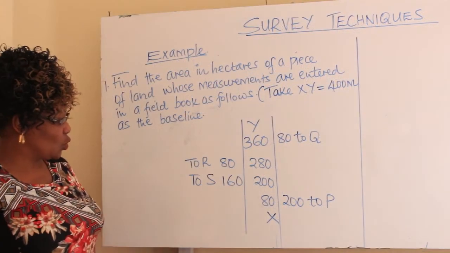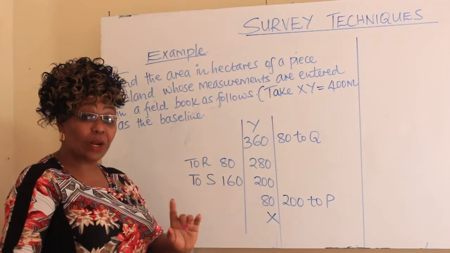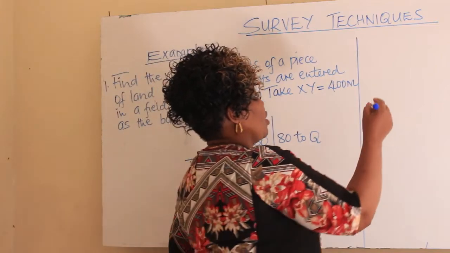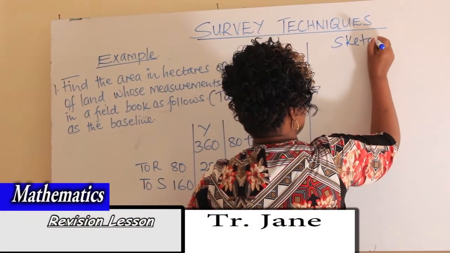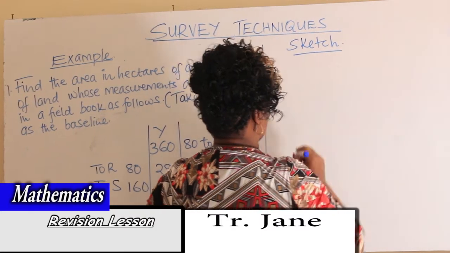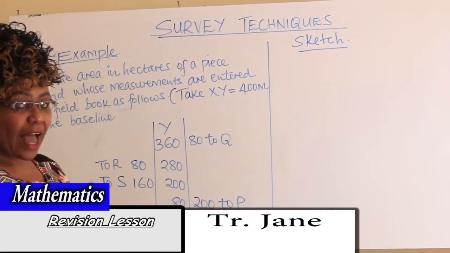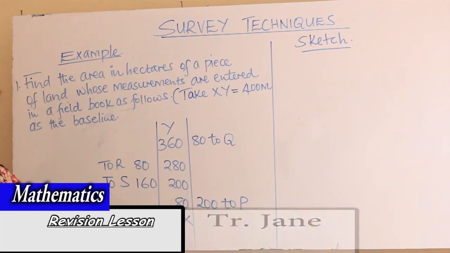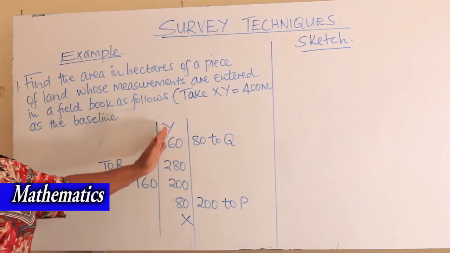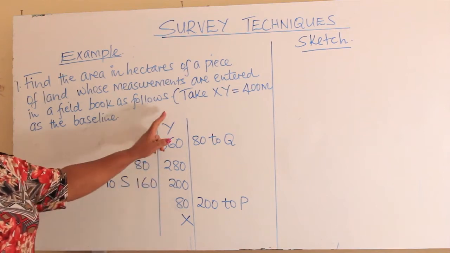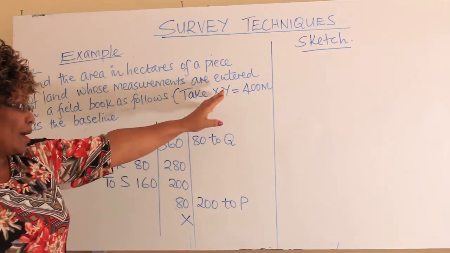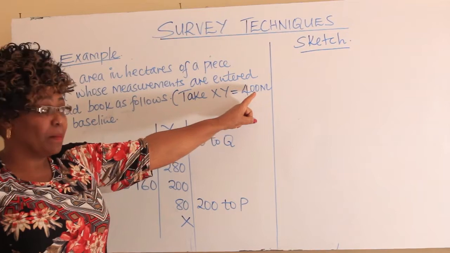So what do you do? You first draw what we call a sketch of the piece of land. How do you draw the sketch? You first draw the baseline from X to Y. Remember Y is at 400 meters.